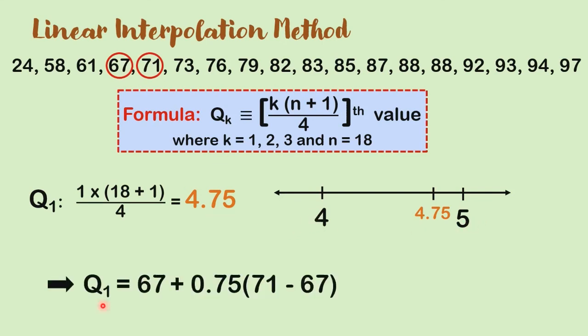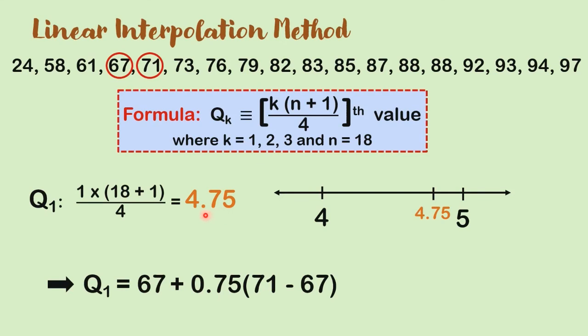So this is how you get Q sub 1 using linear interpolation method. Okay? Watch closely. Okay? Diba I want you to consider these two values? Okay? This is the fourth position. This is the fifth position. Okay? So you consider first yung smaller number, yung nasa fourth position, plus the decimal part of this value.